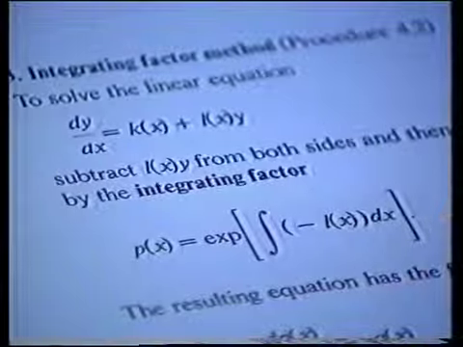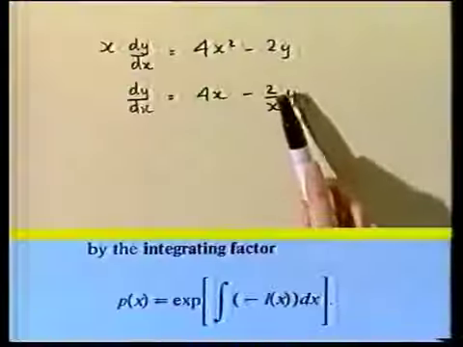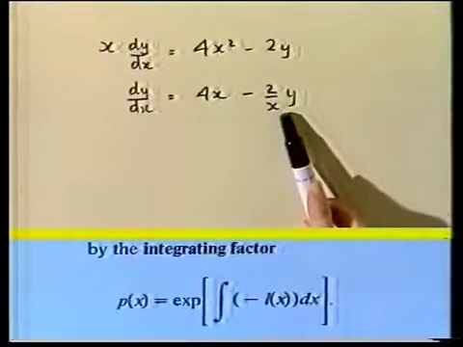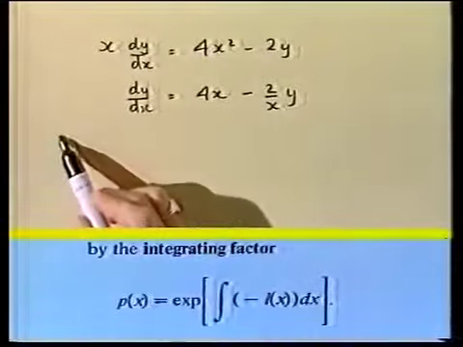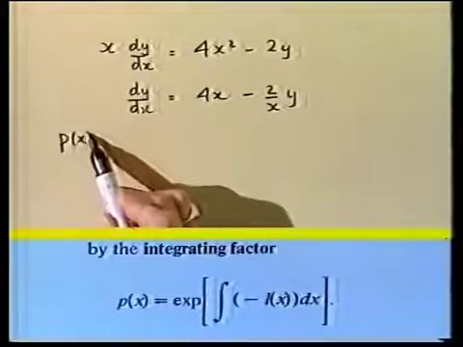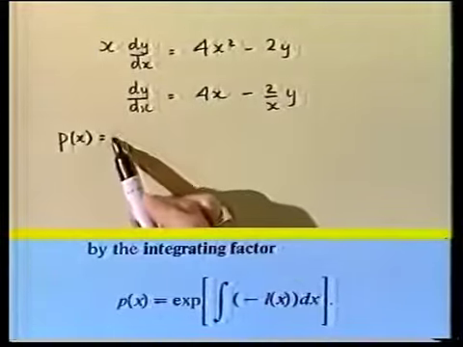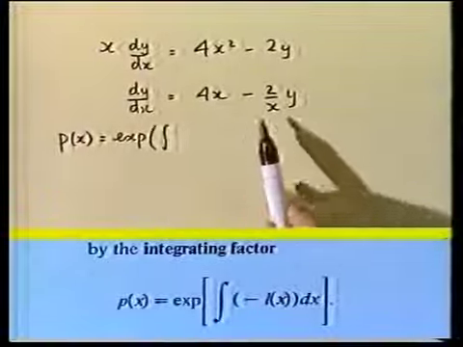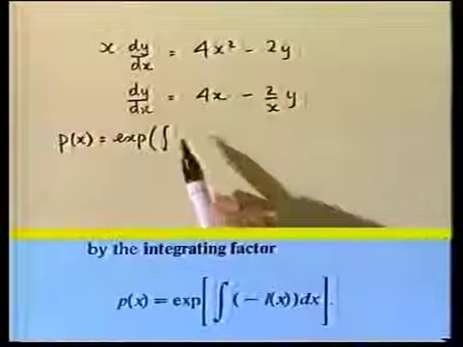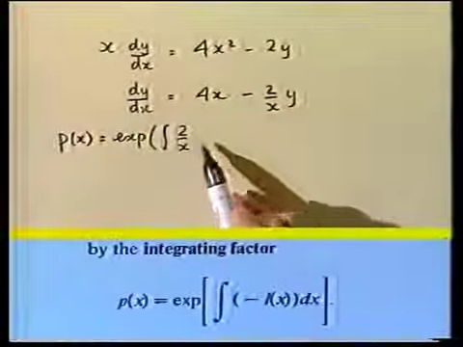So, for our equation, L of x is minus 2 over x. That means I can go on to write the integrating factor p of x is equal to the exponential of the integral of, now the 2 minuses will go together to make 2 over x dx.